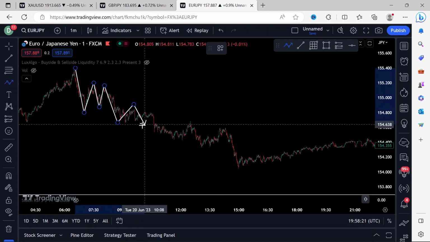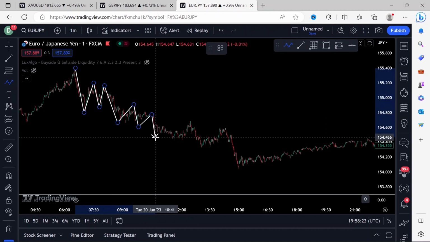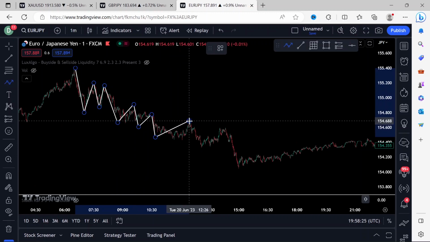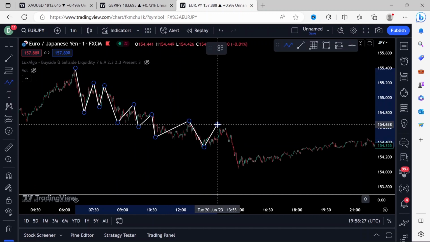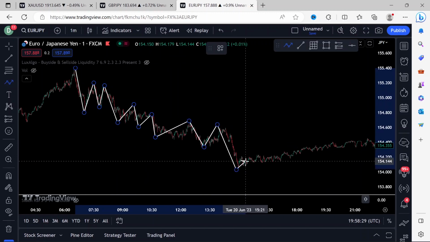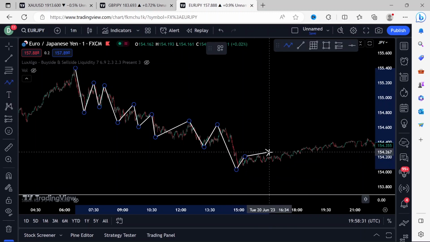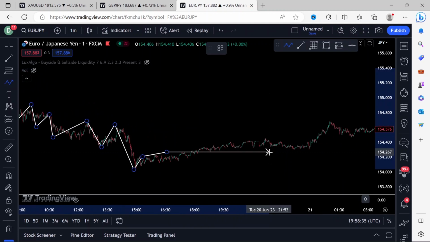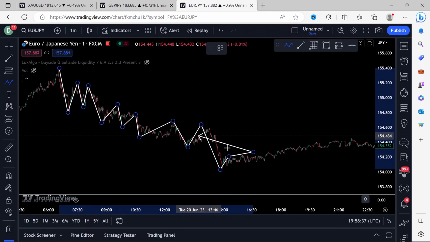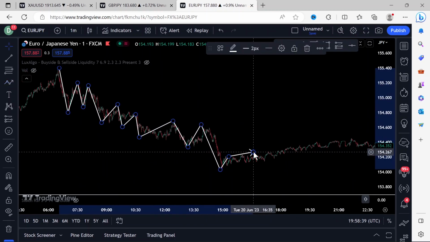So this is what we term as a downtrend. This is a real time example on Euro JPY that's in a downtrend.